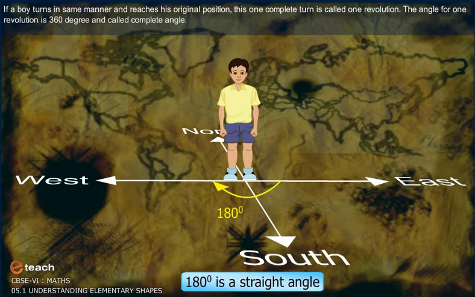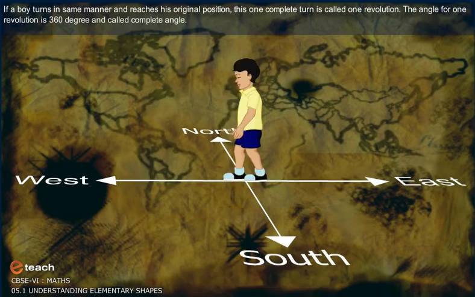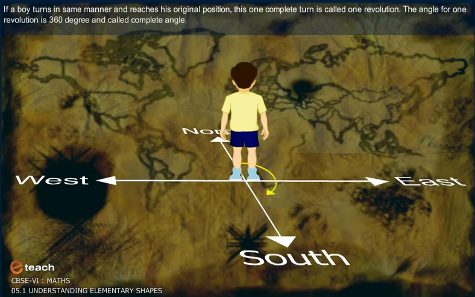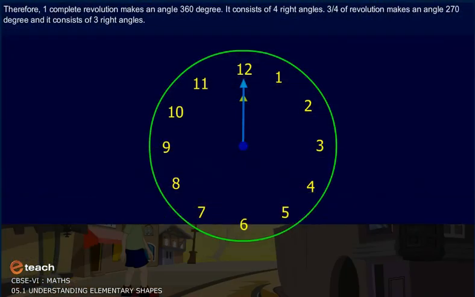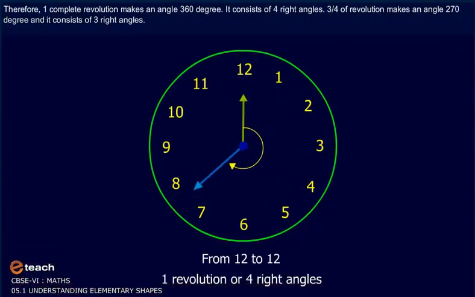If a boy turns in the same manner and reaches his original position, this one complete turn is called one revolution. The angle for one revolution is 360 degrees and is called a complete angle. Therefore, one complete revolution makes an angle of 360 degrees.